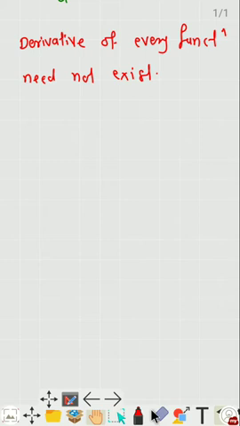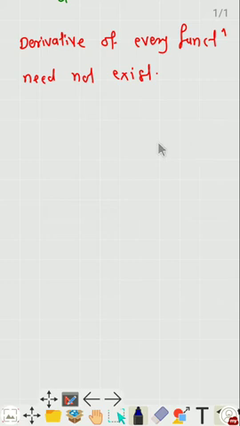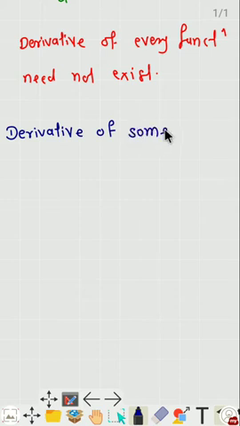The function y equals f of x is differentiable if it has a derivative. Now next, very important, is derivative of some standard functions.